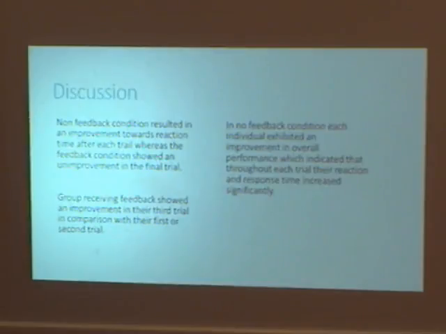I just found one paper which said that the relationship between feedback and results is difficult to assess, and in many cases feedback will improve performance, but in other cases it will decrease performance, and sometimes it will have no effect at all.